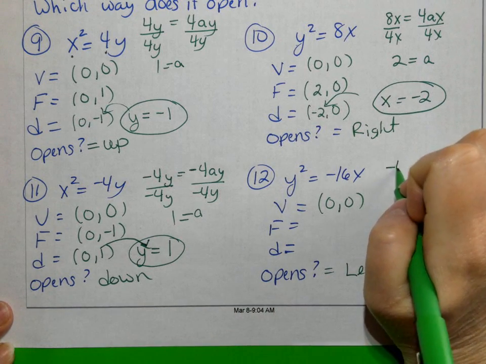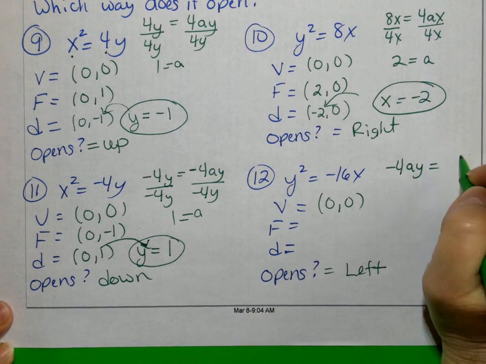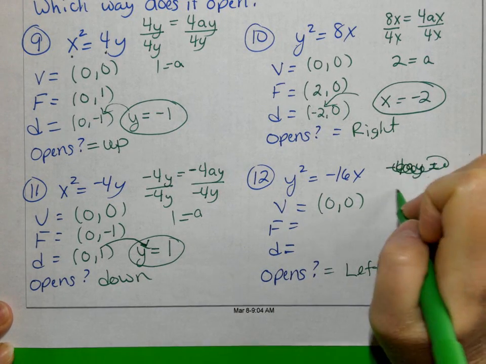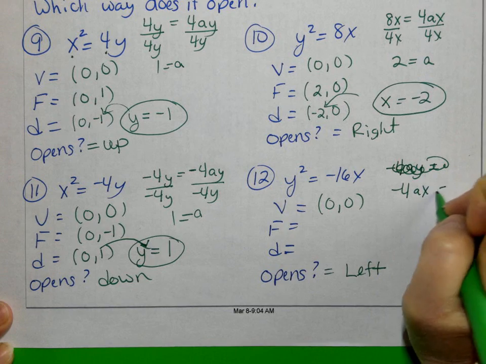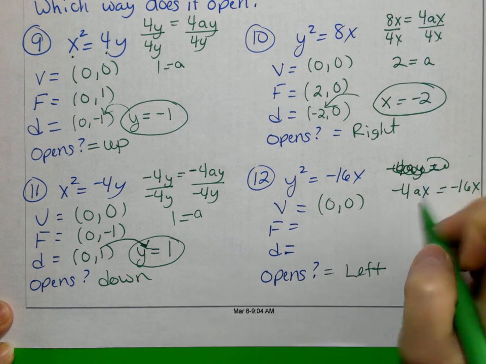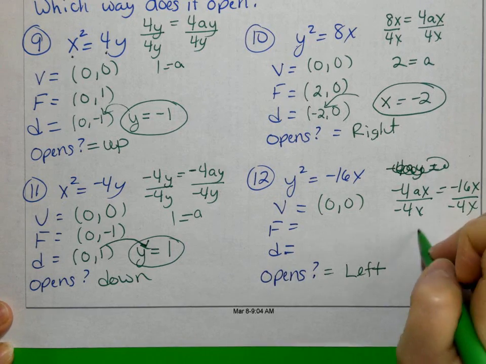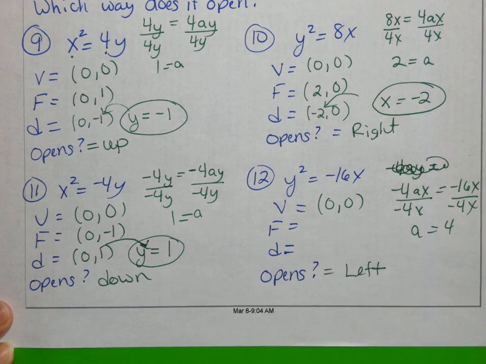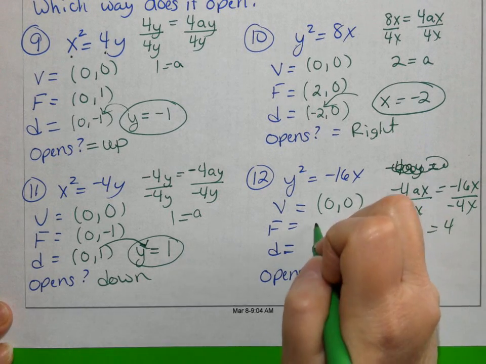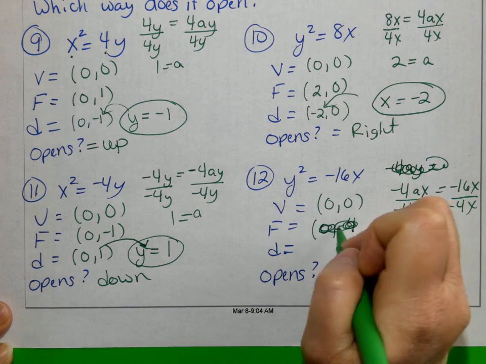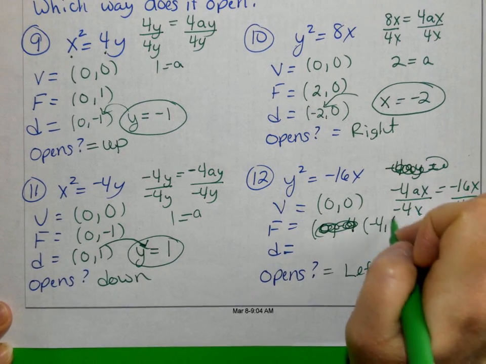And the last one. Negative 4ax is negative 16x. I divide by negative 4x. I have A equals 4. 4 units to the left of 0, 0 is negative 4, 0.